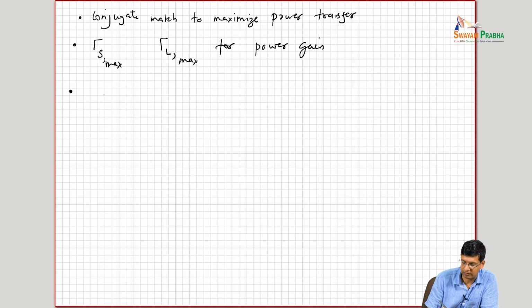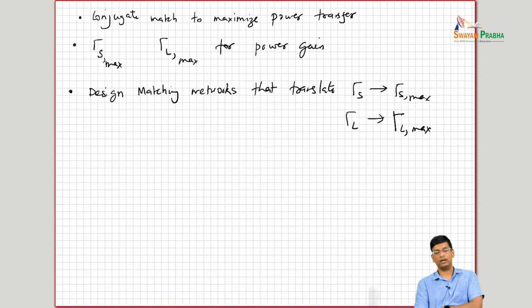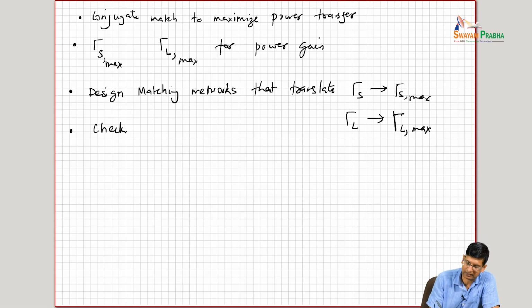And then design matching networks: gamma S to gamma S opt, gamma S max, gamma L to gamma L max. And you can basically get gain from your transistor and then check for stability.